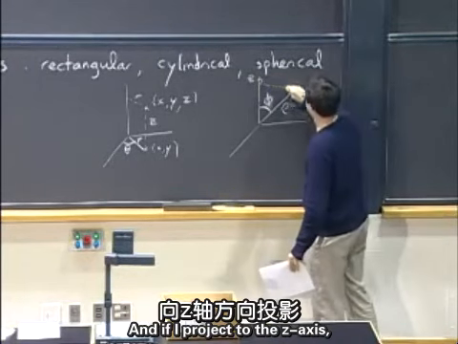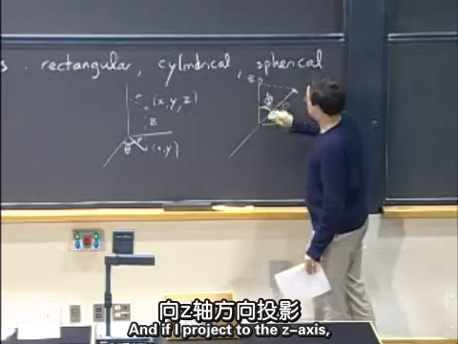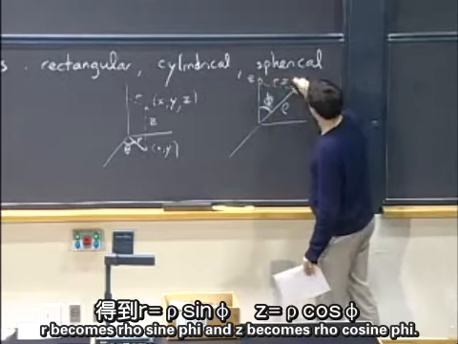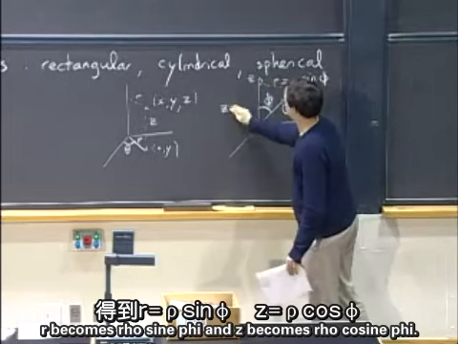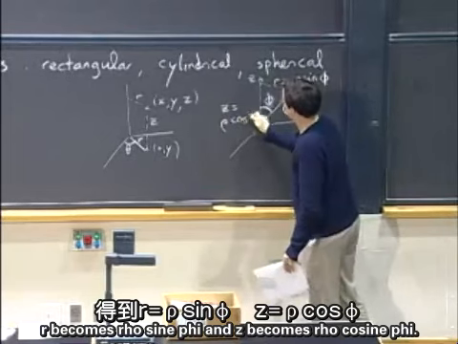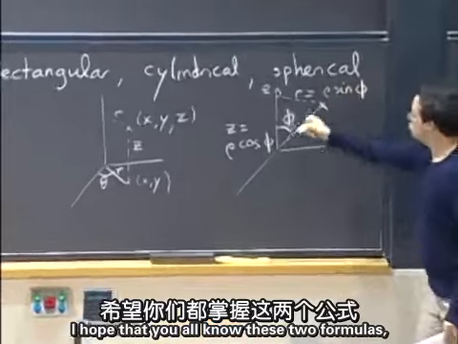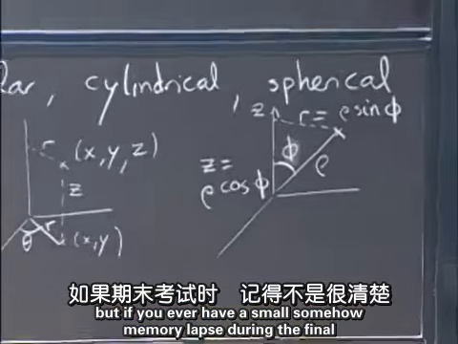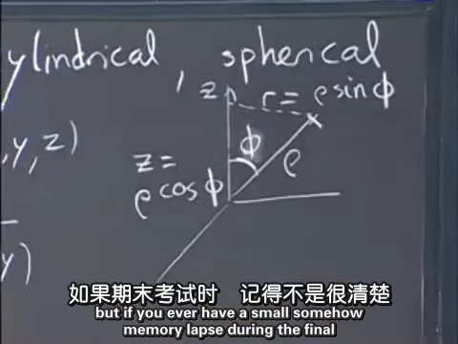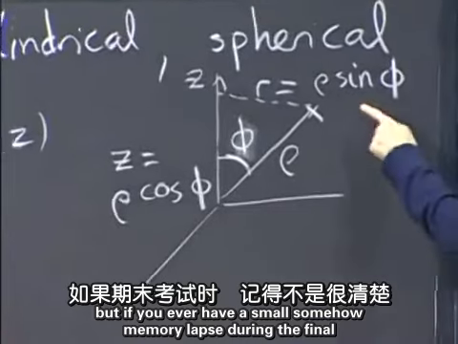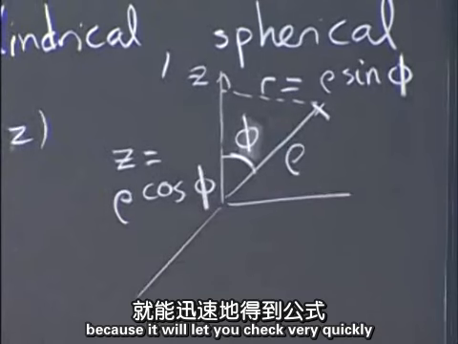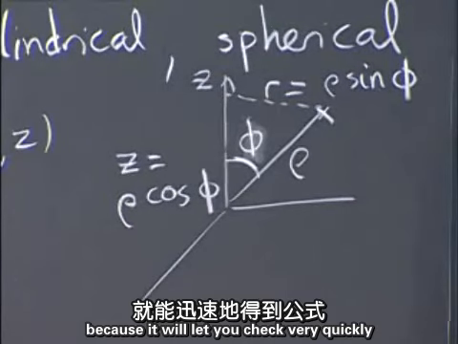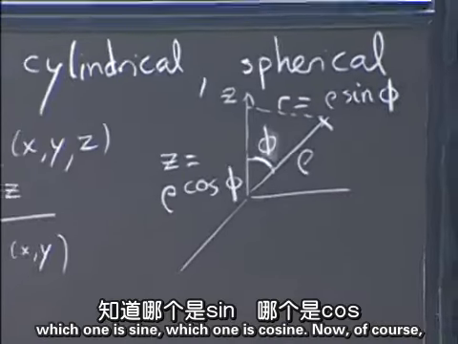If I project to the z-axis, r becomes rho sine phi, and z becomes rho cosine phi. I hope that you all know these two formulas, but if you ever have a small memory lapse during the final, then you should consider drawing this kind of picture because it will let you check very quickly which one is sine, which one is cosine.